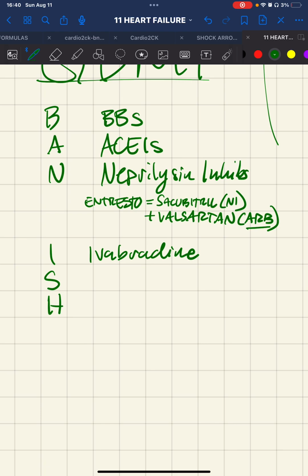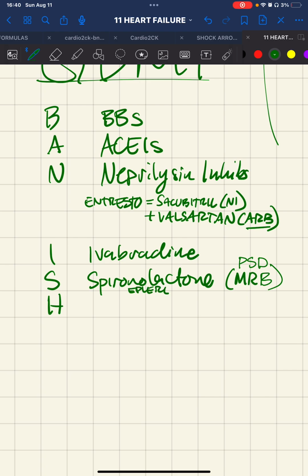I always forget these two. Where are they? This is going to be spironolactone, which is a mineralocorticoid receptor blocker, aka potassium sparing diuretic, of which we also have eplerenone.